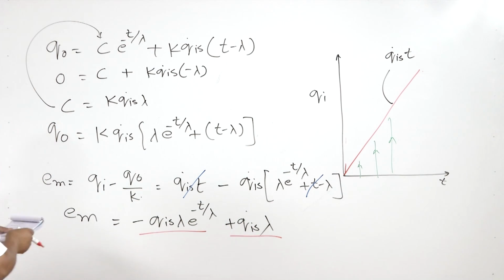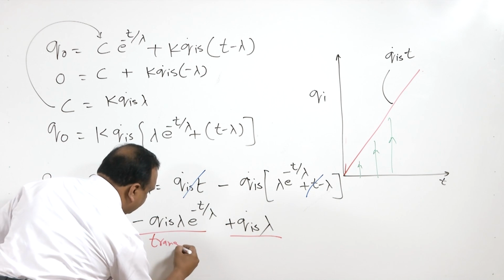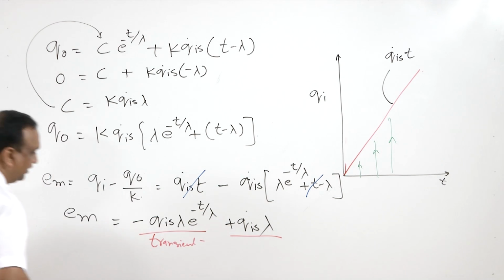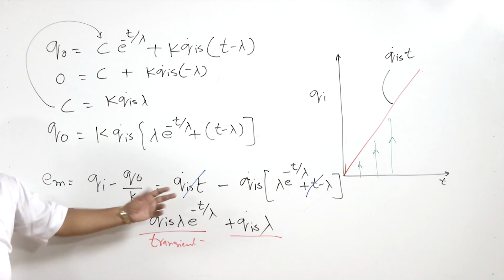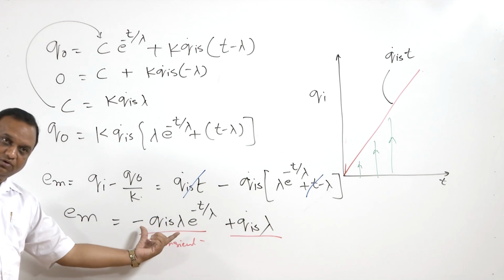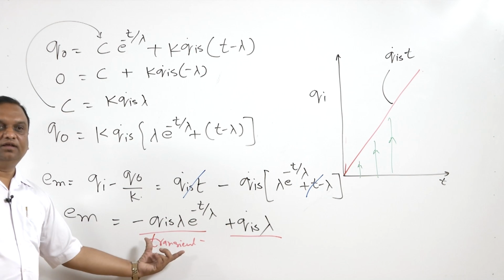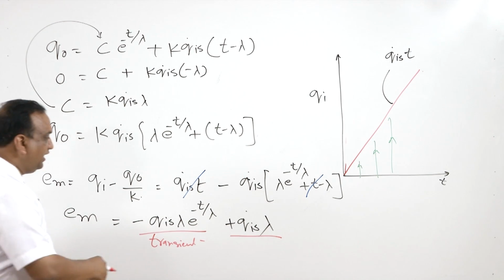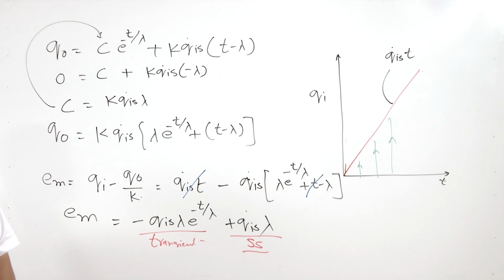So this is time dependent, or it is a transient error, because it's a function of time, and this error will change with time. If the value of t is infinite, this is going to be 0. So after a certain time interval, this error will diminish. But in any case, we are going to have this error through the entire measurement process, right?